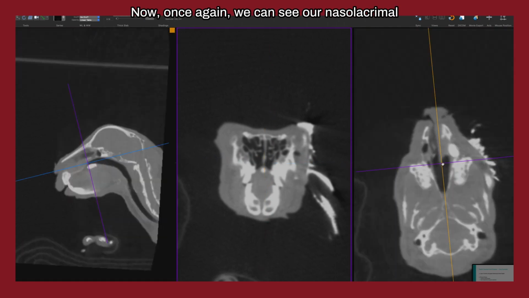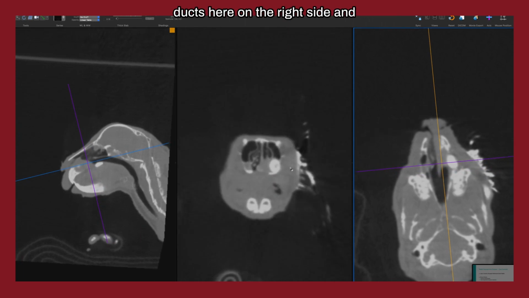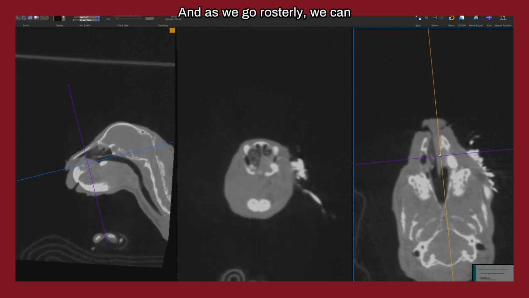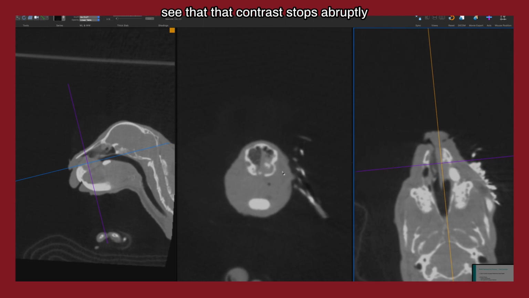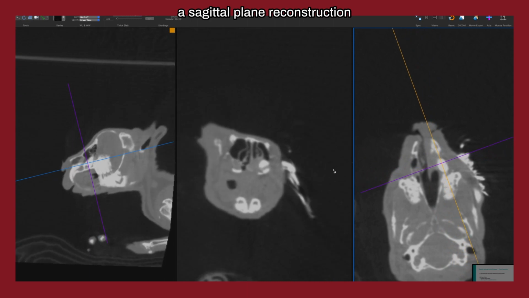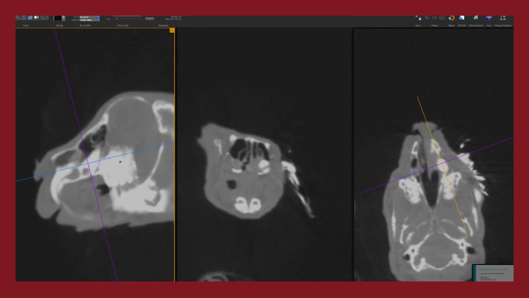Now, once again, we can see our nasolacrimal ducts here on the right side and then here on the left. This is after the dacryocystography. So there's positive contrast media within this dilated nasolacrimal duct. And as we go rostrally, we can see that that contrast stops abruptly right at the level of this tooth root abscess. And we can see that also on a sagittal plane reconstruction over here.